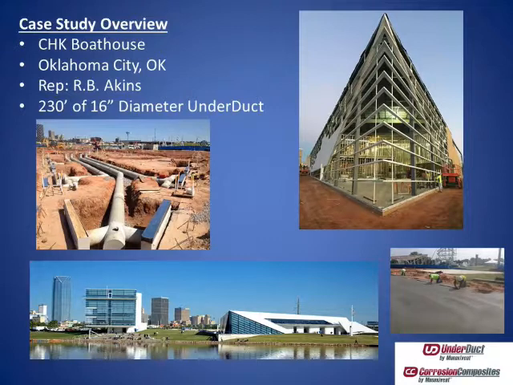And if you look at the base there, you'll see the register openings in the building. And it's a good example of underduct. And at the far right, you'll look at a photo there that shows the cement finishers finishing off the cement around the register boots that penetrate up through.